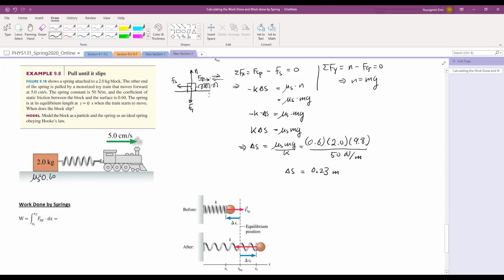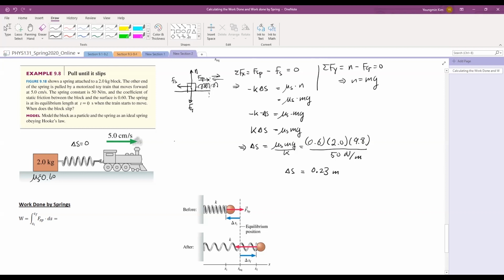All right, so going back to the situation here. Now, the spring will begin here when delta s is 0, and it's moving 5 centimeters per second out. And we're asked when the block starts to move, when does the block slip?